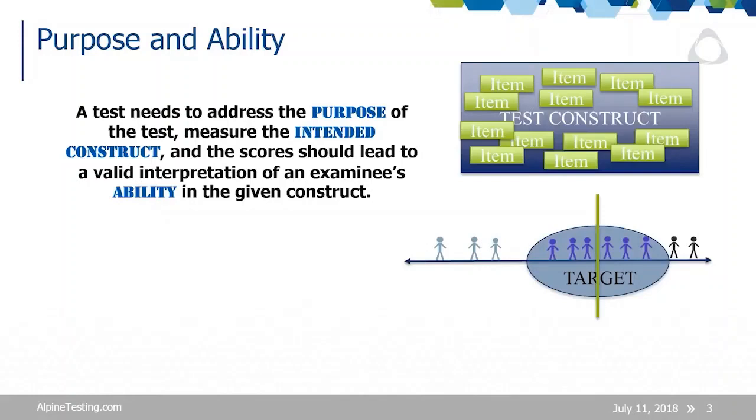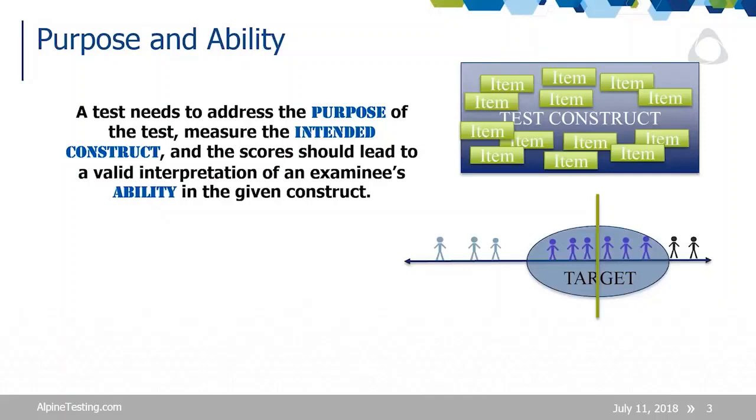You want to make sure that your test is focused on the intended target of your exam. Right now, that green line there represents a cut score. I realize there's other exams, perhaps in education, where you have multiple cut scores. But just for the sake of an example, say you have one cut score, and you want your exam to really focus on the target and be able to separate out the minimally qualified, so those that can and those that can't.